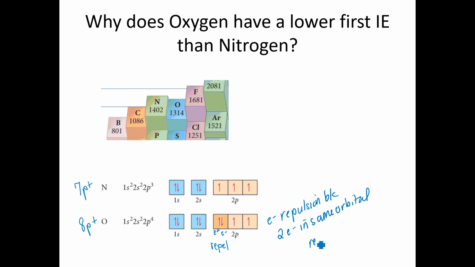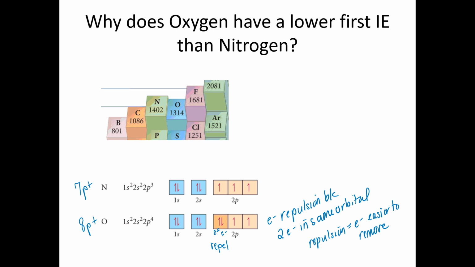And that repulsion makes those electrons easier to remove than we might otherwise expect. So we'd expect oxygen to have a greater ionization energy because it's got a greater effective nuclear charge, but it turns out it's actually got a little lower ionization energy, and that's due to that extra repulsion caused by 2 electrons being in the same orbital together.